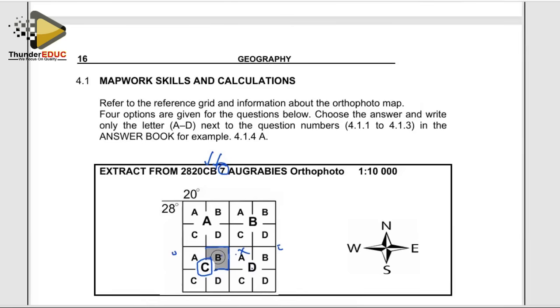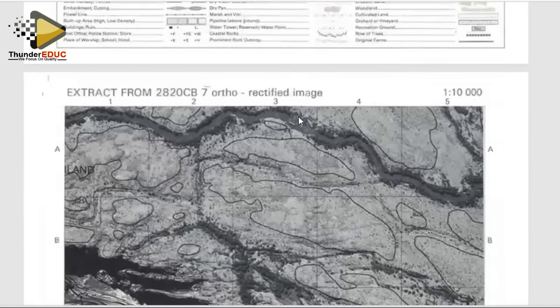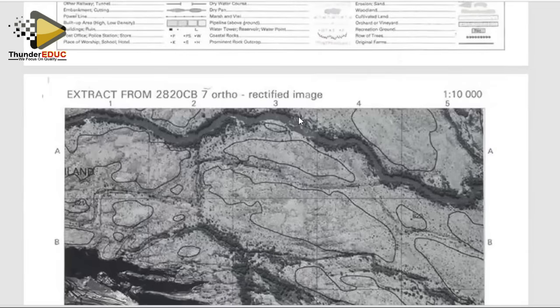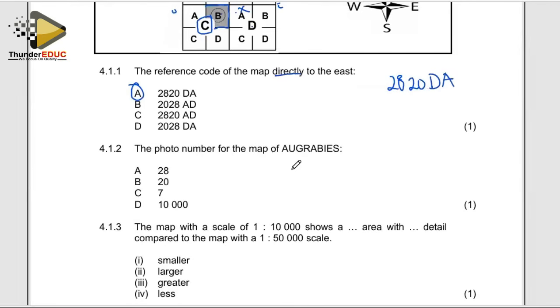Or you can also go to the map, you can also find the orthophoto number. It's indicated here. That's the orthophoto number, number 7. So automatically your answer is 7, which is C.